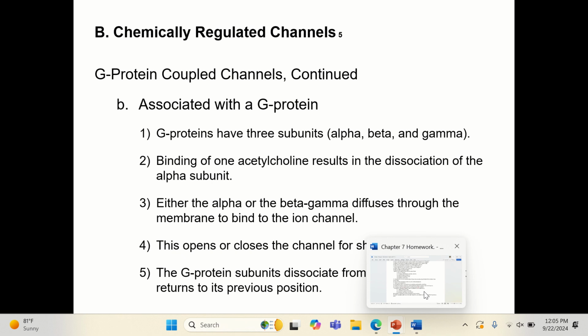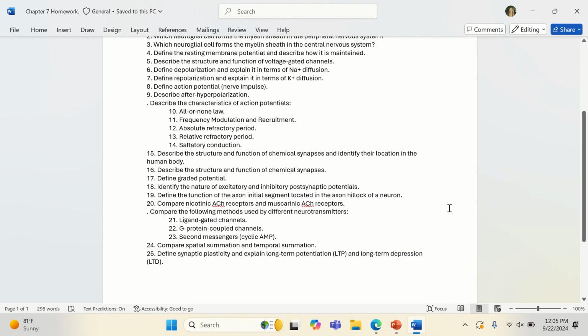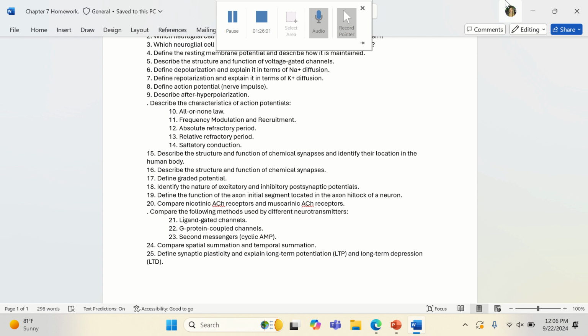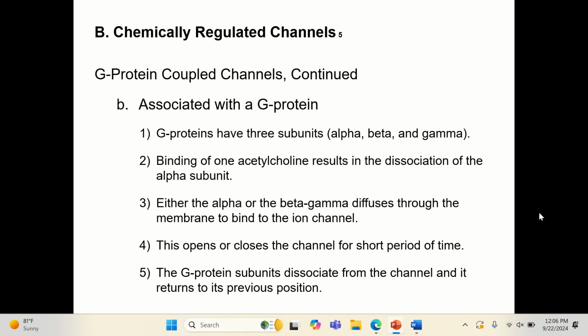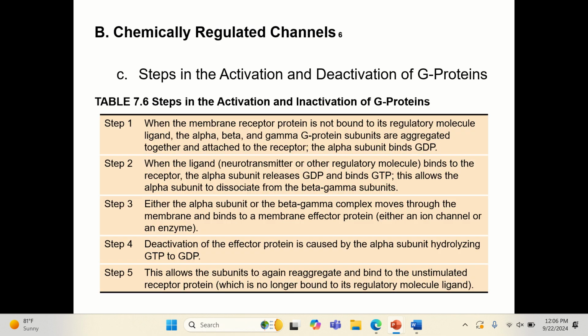Okay, so let me see here. I don't know that I need to go into all the detail on this, because again, there's a lot. So we might want to go ahead and go on to the second messengers. You even get a table that summarizes the steps of the activation and deactivation.